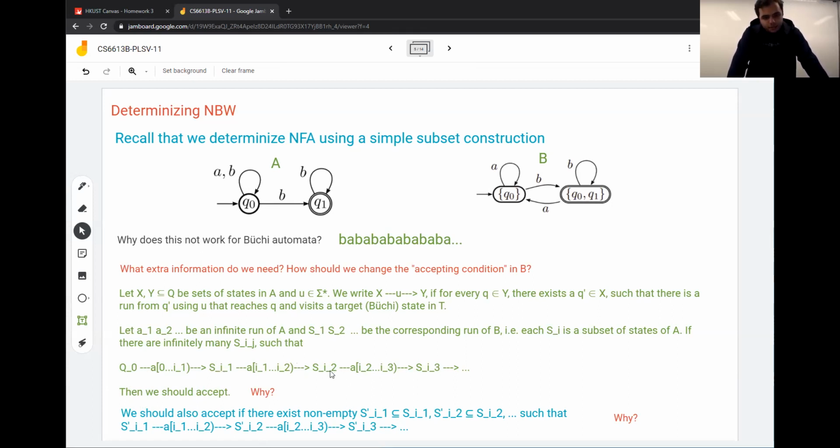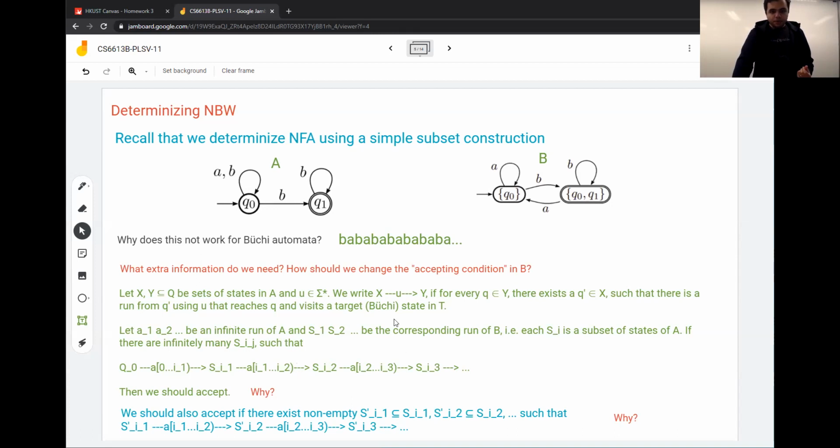And then the same thing goes on for Si2. So for every vertex in Si2, there is a vertex in Si1 such that I can run this part of the word and get from that vertex to Si2. So putting these two together, there is definitely an initial vertex that reaches Si2.